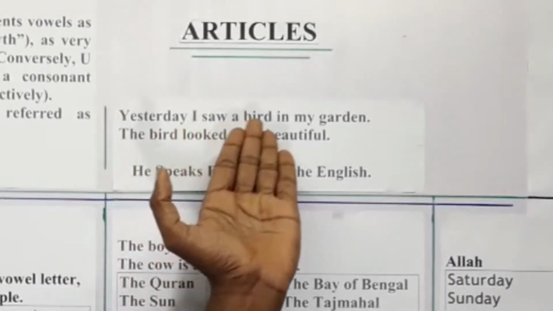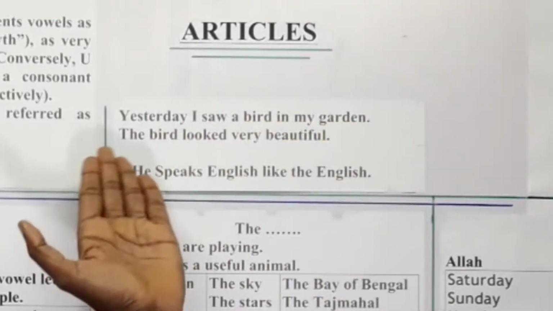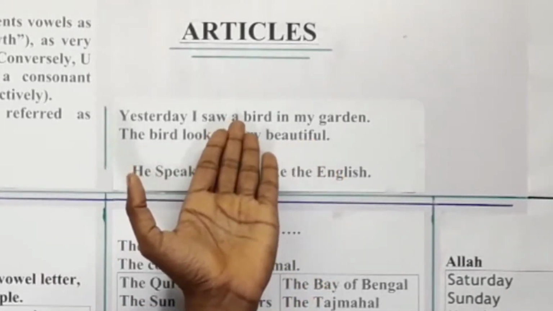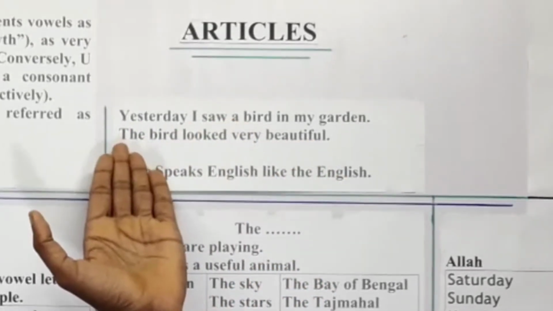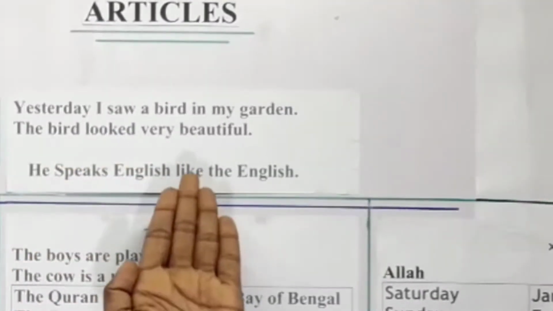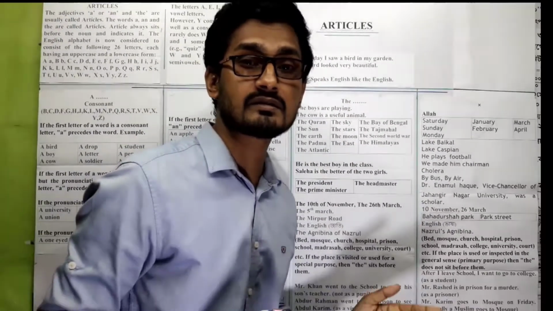Yesterday I saw a bird in my garden. The bird looked very beautiful. Here we use a and here we use the. The does not precede the name of a language. The sits before the name of a race and community. He speaks English like the English.